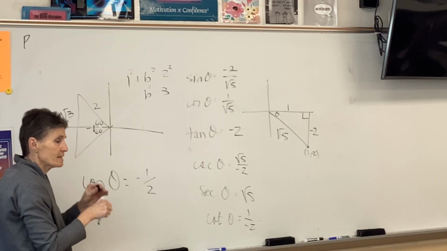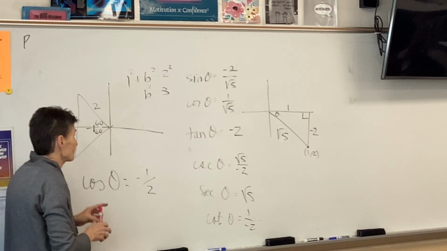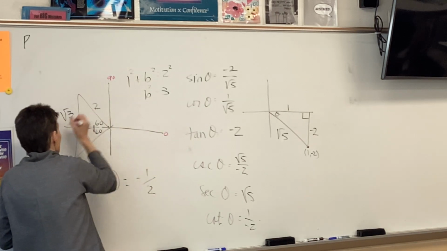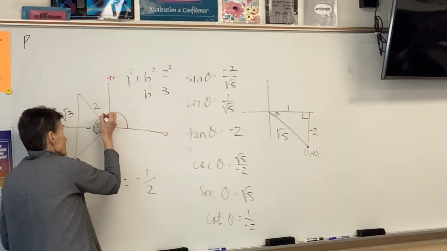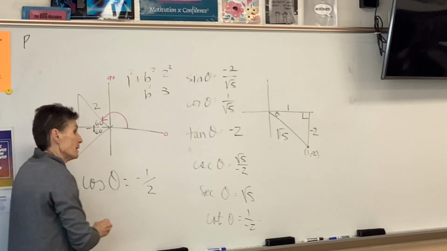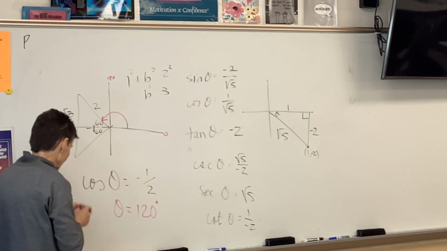But 60 is not an answer to the question, because our angles get measured from here. This is the answer to the question: 120. So one of your answers is 120.